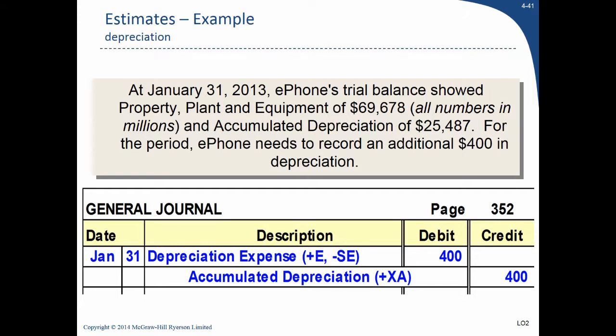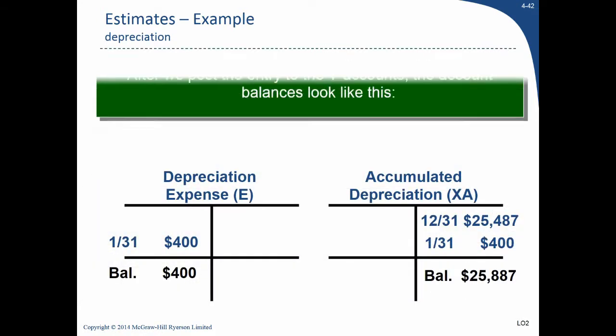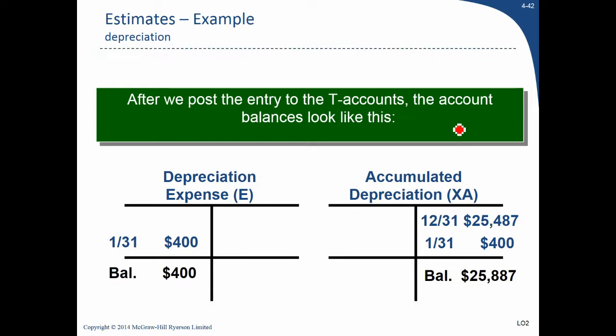So this is a similar entry. In this case, it's giving you just detail of what the balances were. And it tells you you need to record an additional $400 of depreciation. And now we can see what the cumulative effect is, right?